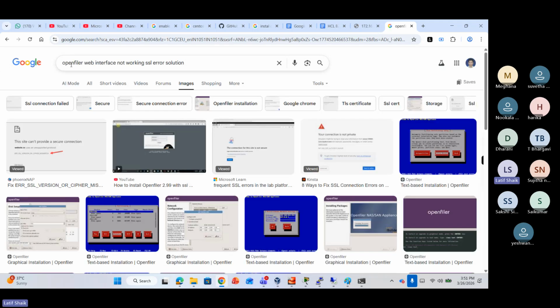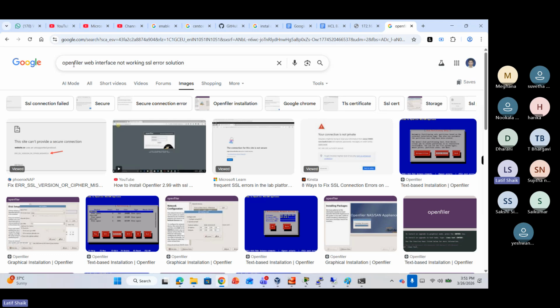With the help of Openfiler, you can manage storage, meaning NAS, SAN type storage, and iSCSI storage management.